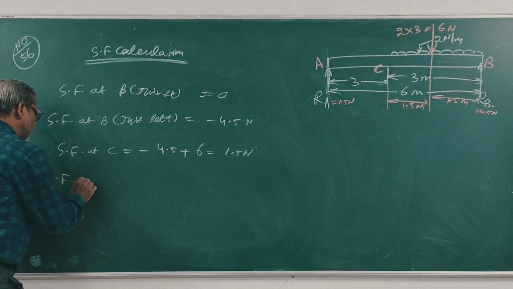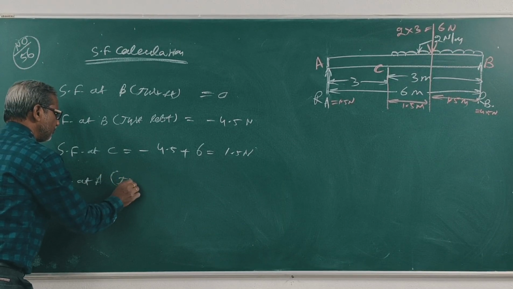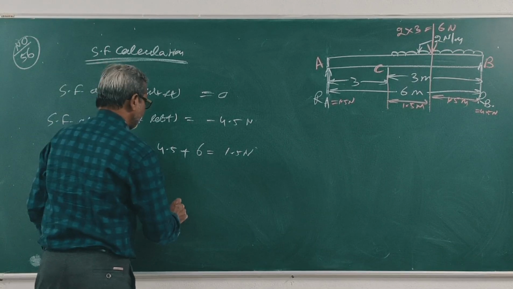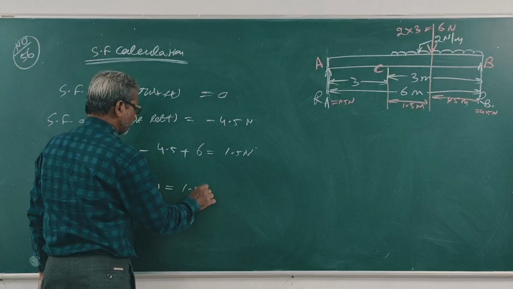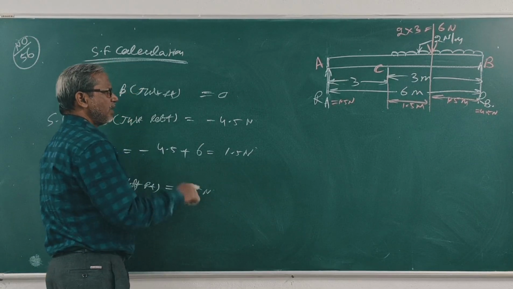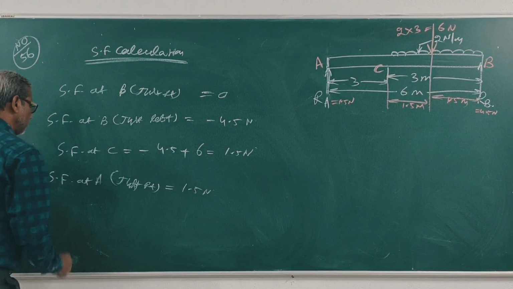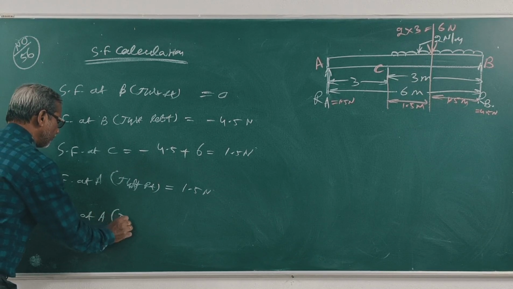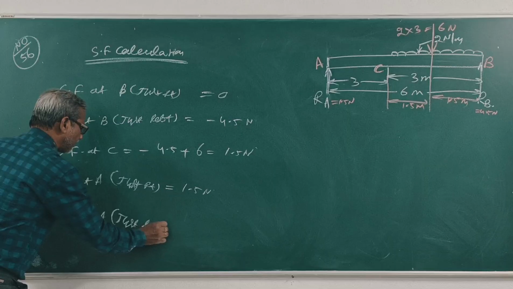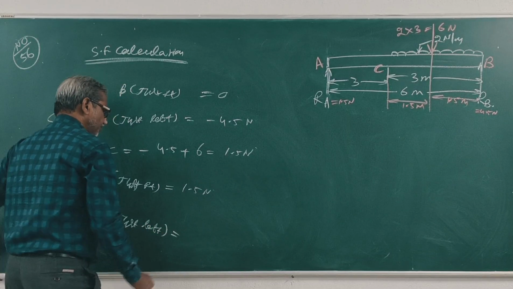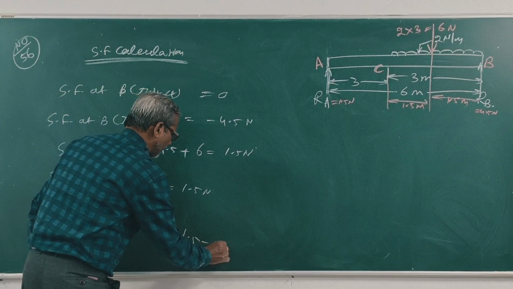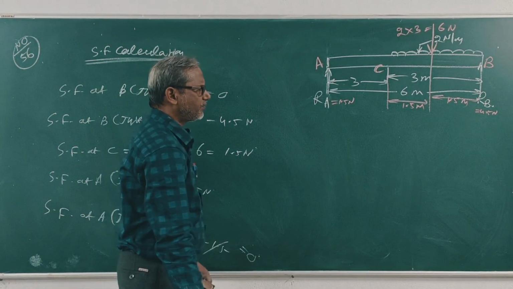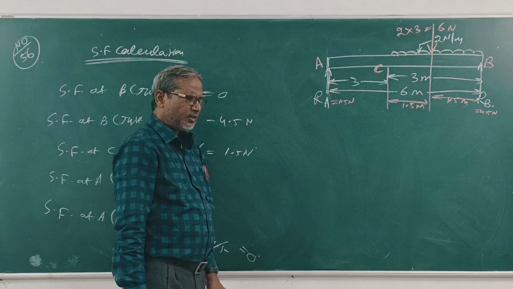Shear force at A just right is 1.5 Newton. Shear force at A just left is 1.5 minus 1.5, that is 0. Clear? I will draw the SF diagram.